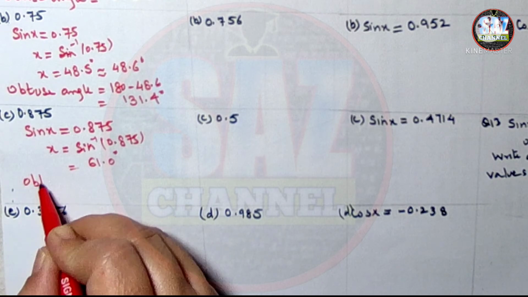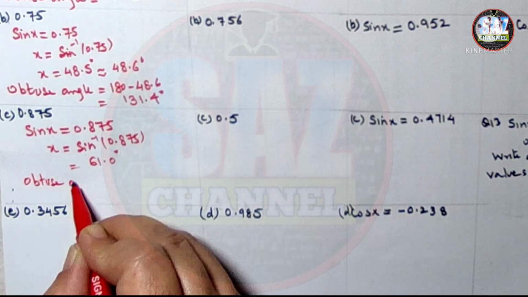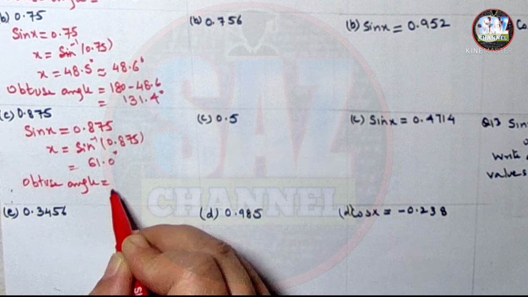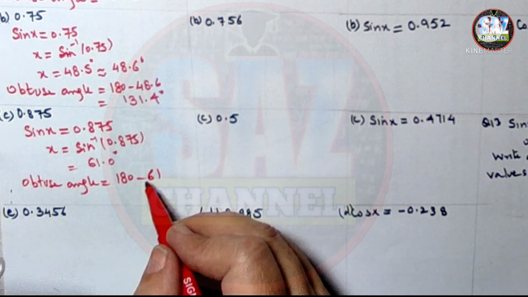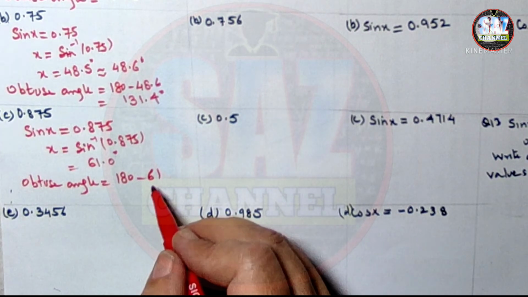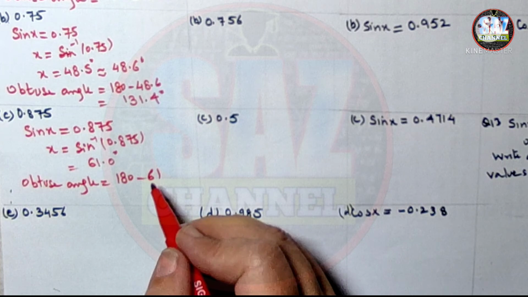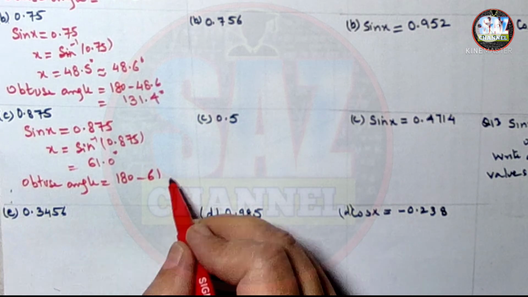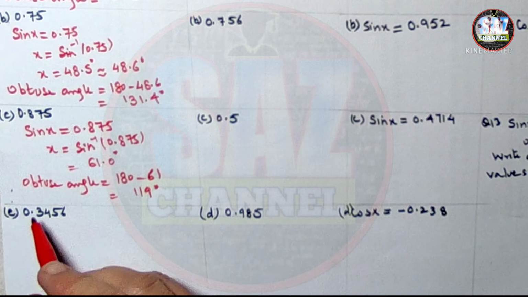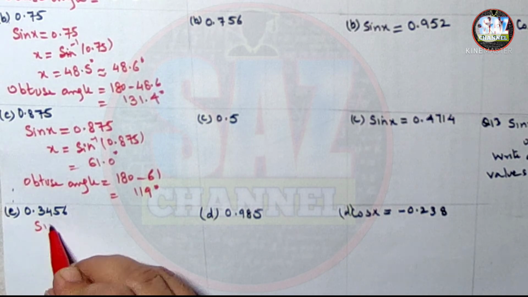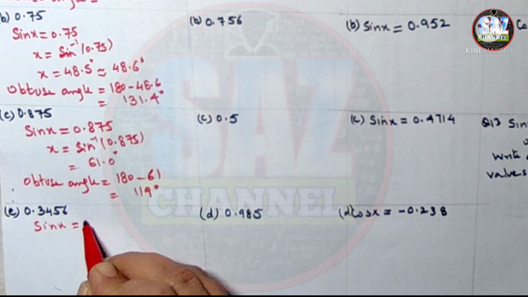Obtuse angle will be equal to 180 minus 61, which will be equal to 119 degrees.